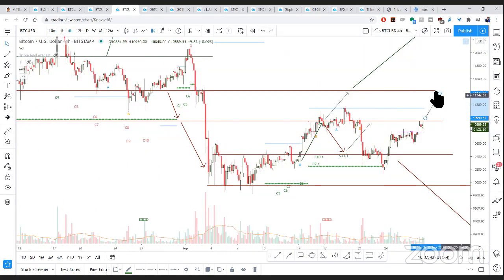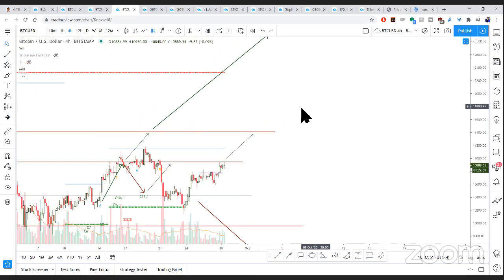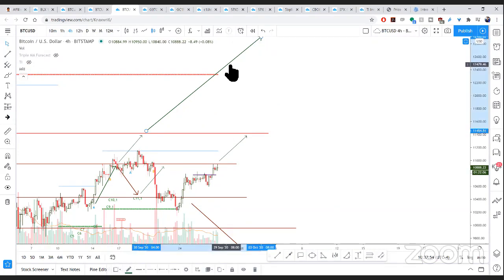This becomes a very critical line. Again, nothing has changed. If we can get to that line, this is back in play.